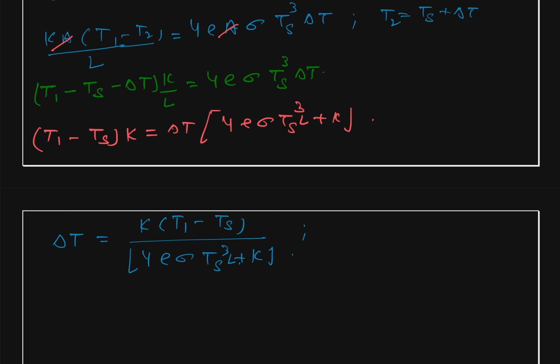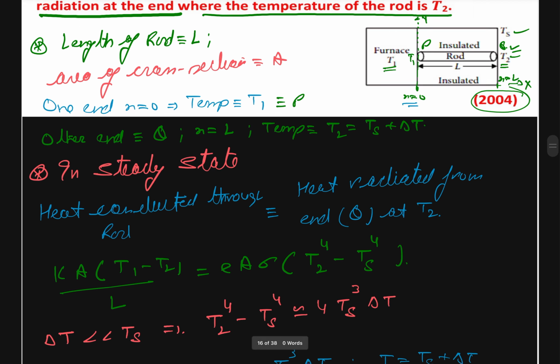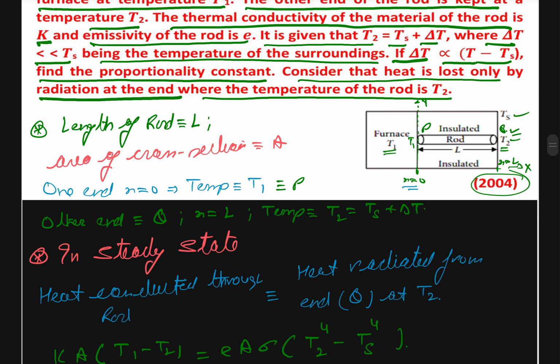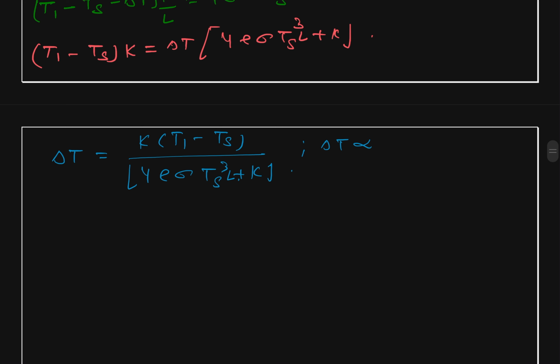We are given that delta T is proportional to T1 minus Ts.